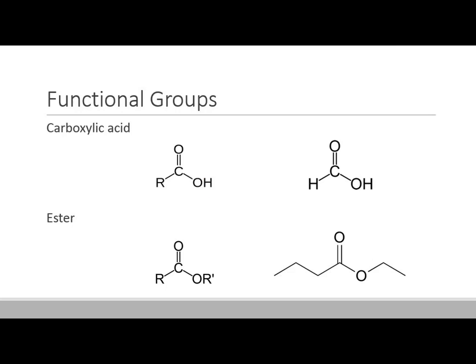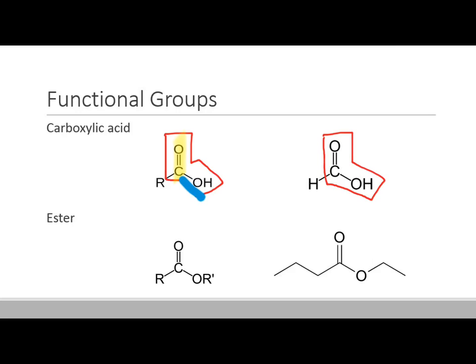But to make something a carboxylic acid, you need a carbonyl carbon, and then it has to be attached to an OH group. So this is going to be on the end of a molecule, and it's always going to be carbonyl group and then OH group. It's always going to have that pattern. Now, you might be tempted to say, well, isn't this like an aldehyde, and then this is kind of like an alcohol?